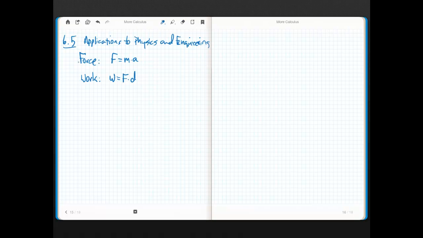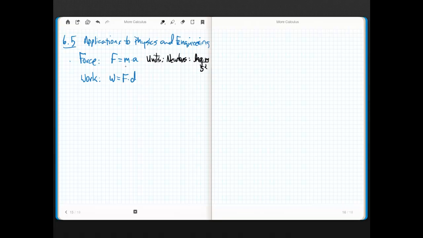Now, let's change colors here and let's talk about units. So we're going to put units right here. This is going to be a review for a lot of you, but the units for force are either newtons, and remember what a newton is? A newton is a kilogram times a meter per second squared.